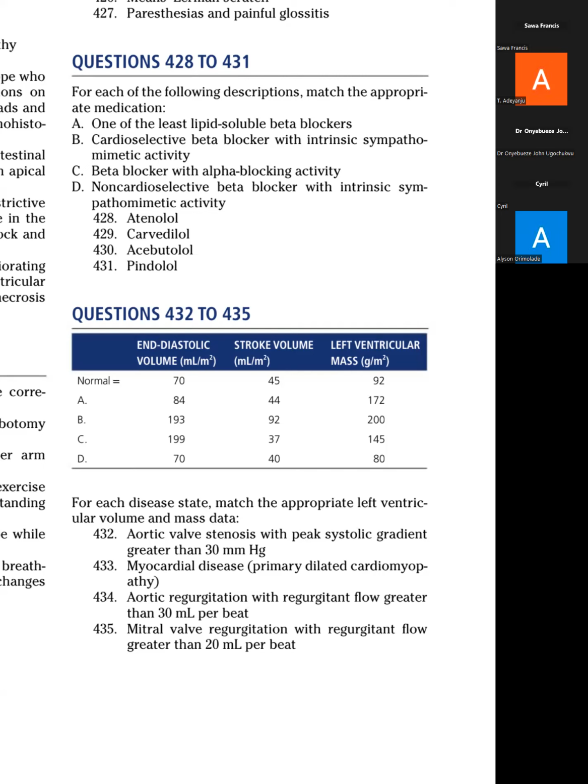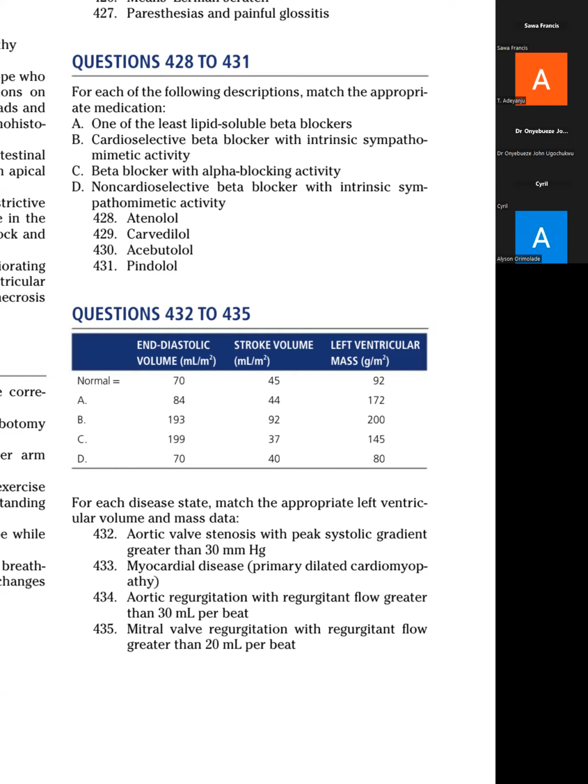Now, 432. Aortic valve stenosis with peak systolic gradient greater than 30 millimeter of mercury. Here we'll see that when we have aortic valve stenosis, it is associated with left ventricular hypertrophy, and that's where we have concentric hypertrophy.